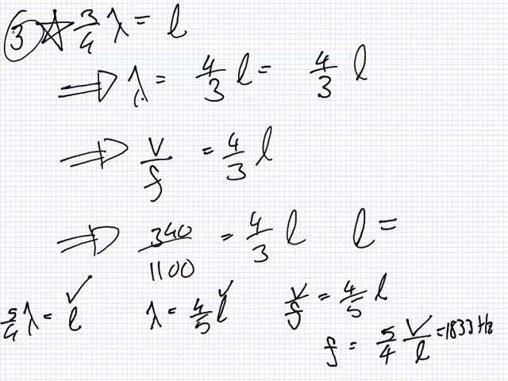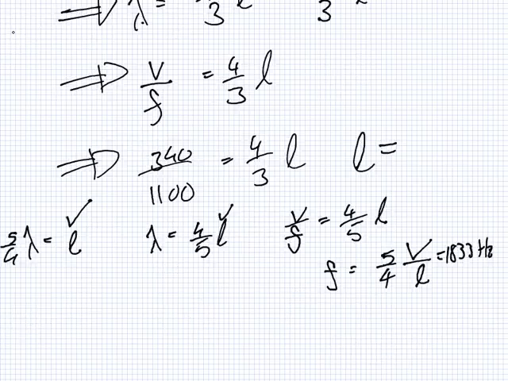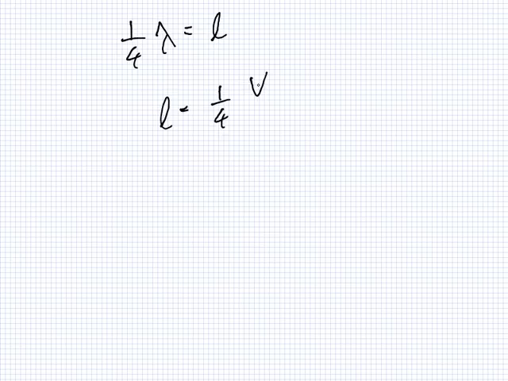So, her ear, open at both ends or closed and open? Closed and open. So the first harmonic, how much of a wave is in there? 1/4. So we know 1/4 of the wave is in the length of her ear. Okay. How can we get the wavelength? Well, that's V over F. Do we know the V?